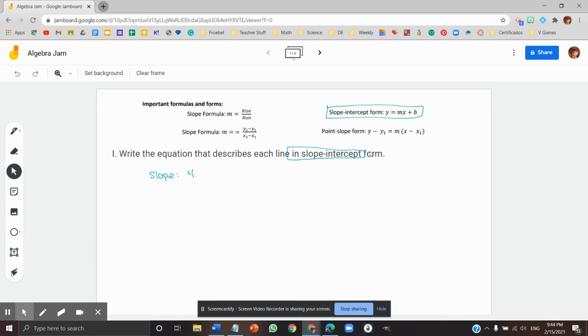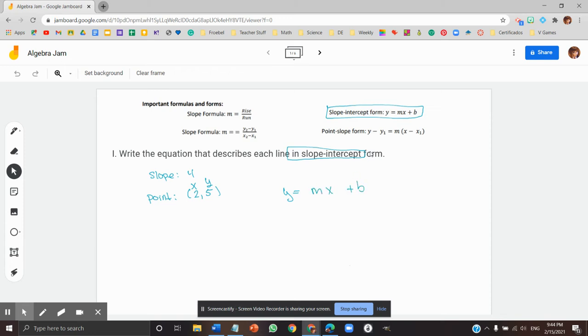Let's say I'm giving you a point in that line, 2 and 5. You know that this is x and this is y. Then we can go back to the original formula, that is y equals mx plus b.